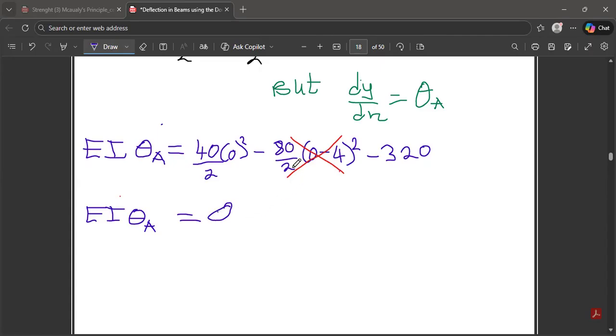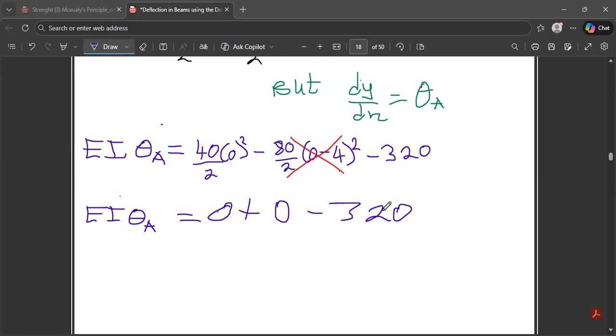And then at the end of the day, 0 plus 0 minus 320, minus 320. And what does that imply? That implies that at the end of the day, we have to just do division to get our slope.